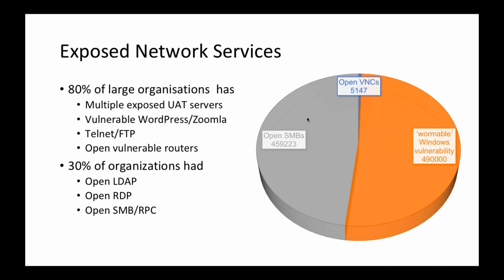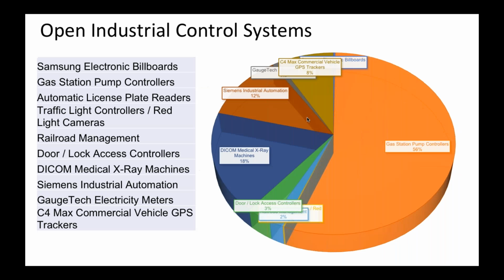So all these things are easily visible to researchers, white hat hackers, as well as black hat hackers across the internet. We also see a lot of times these open ICS, IoT devices, etc.